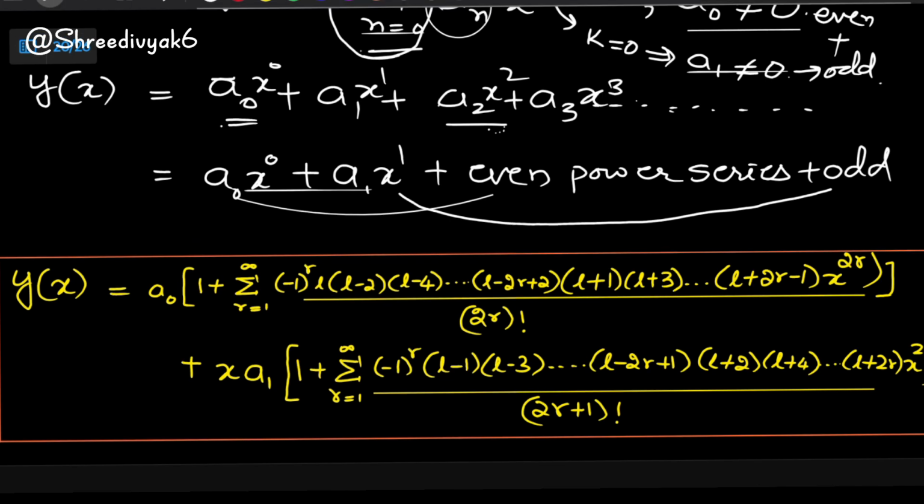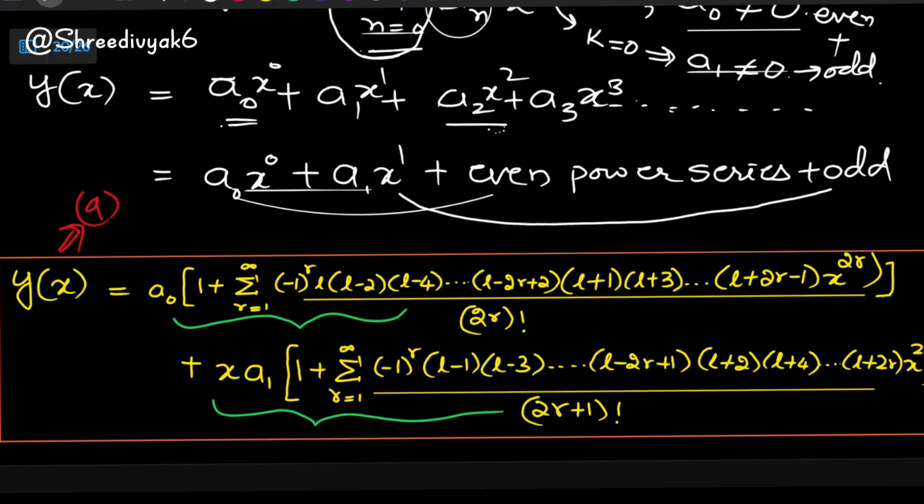Right? Now let me take this equation as equation 9. Now this 9 is the sum of even power series and odd power series.